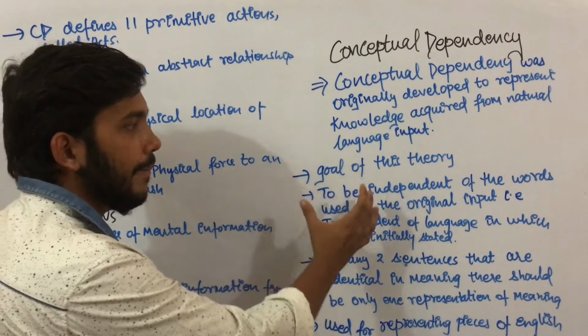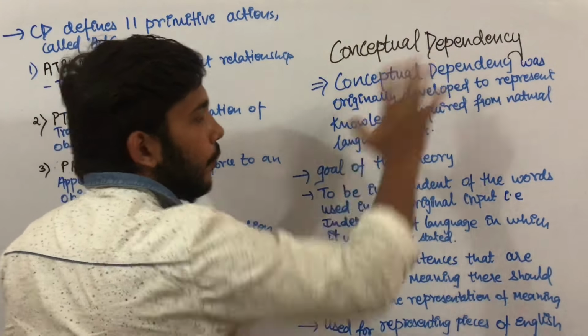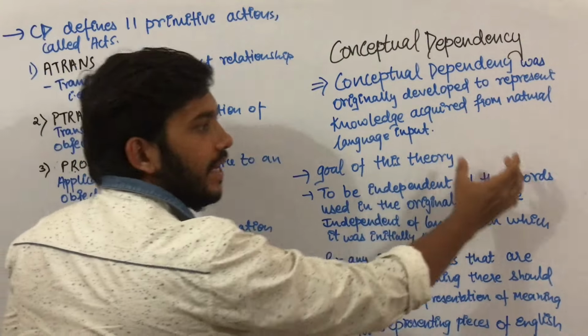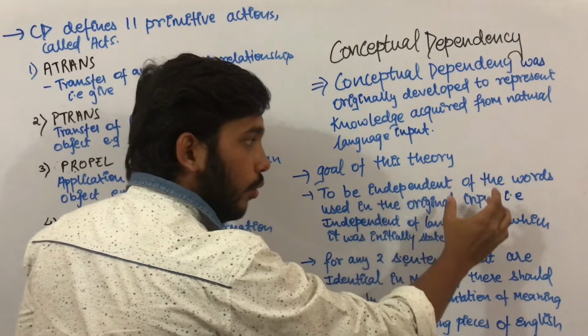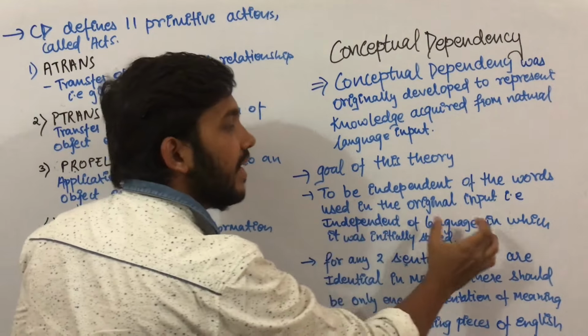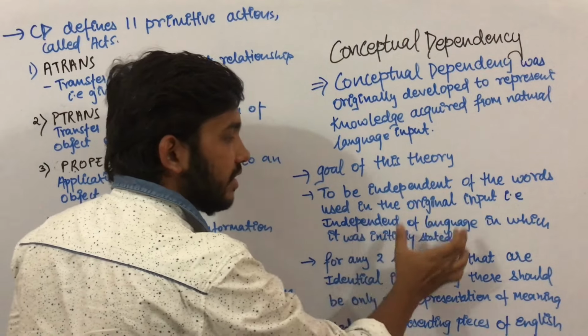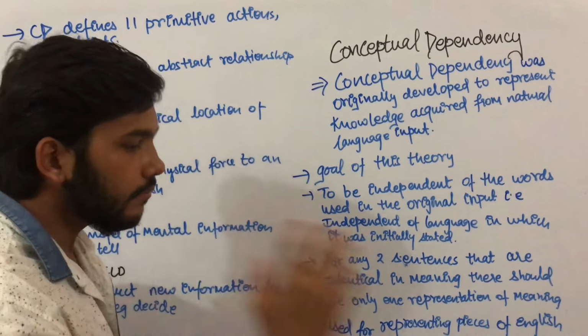The main aim or the goal of this theory was to be independent of the words used in the original input, that is, independent of the language in which it was initially stated.